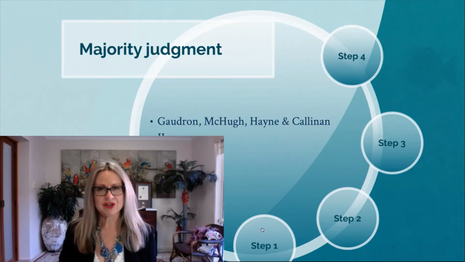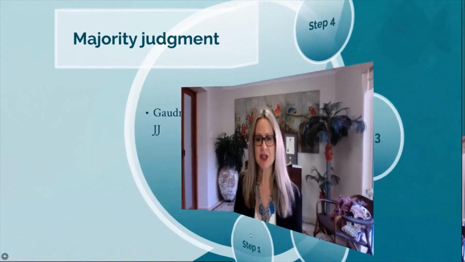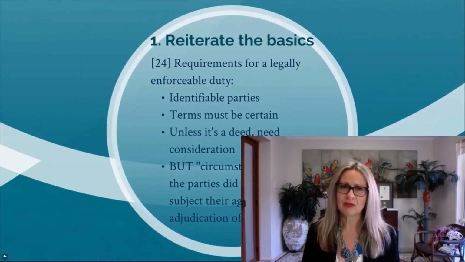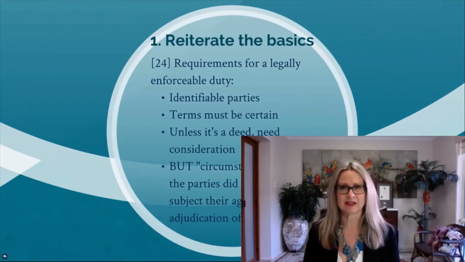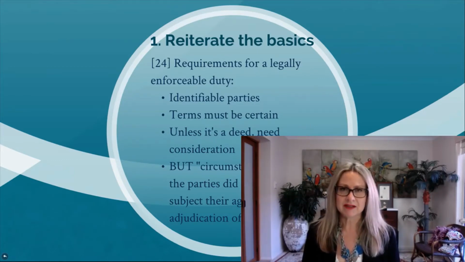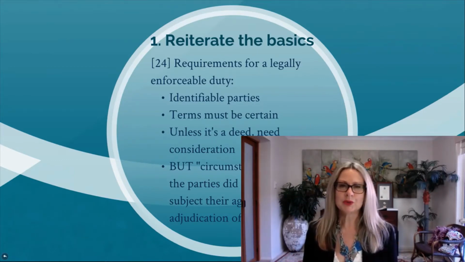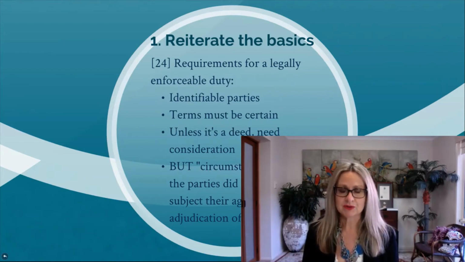Firstly, where do you start in a majority judgment like this? Obviously, they have a look at the facts and so forth and the history of the case. But when they're getting down to tin tacks, the first thing they do is very sensible. They reiterate the basics, okay? What do we need to look at in terms of whether or not a contract was validly formed and legally enforceable?